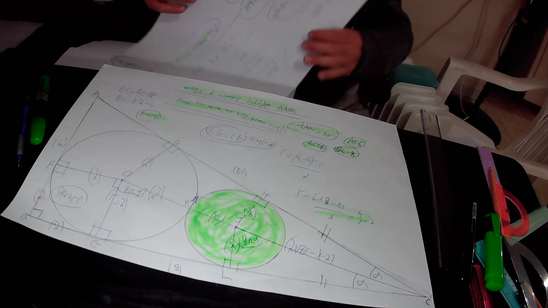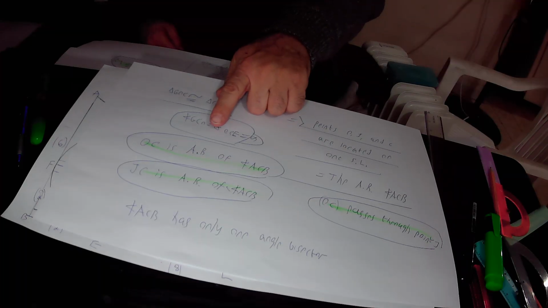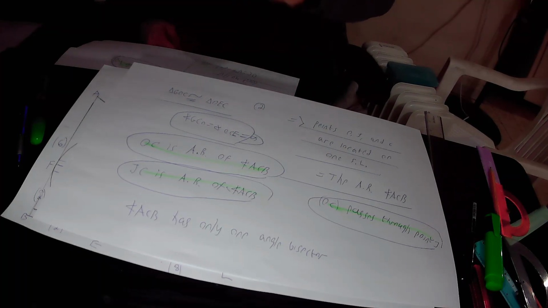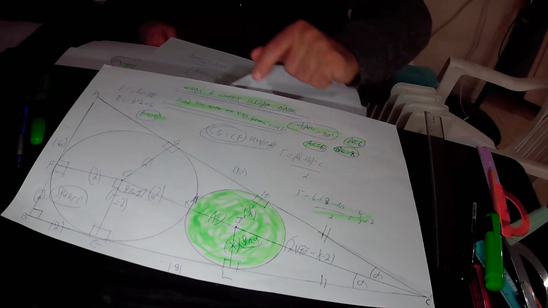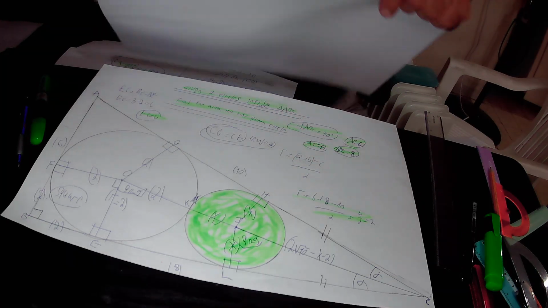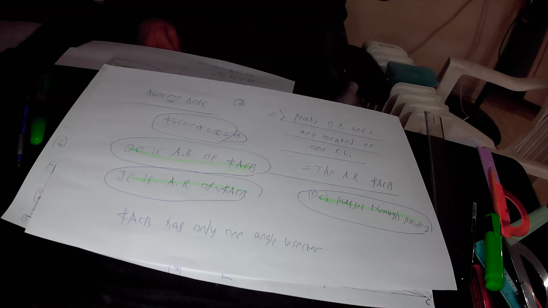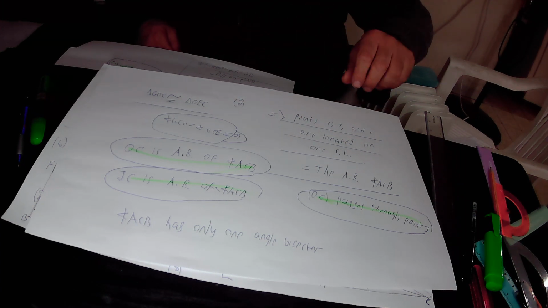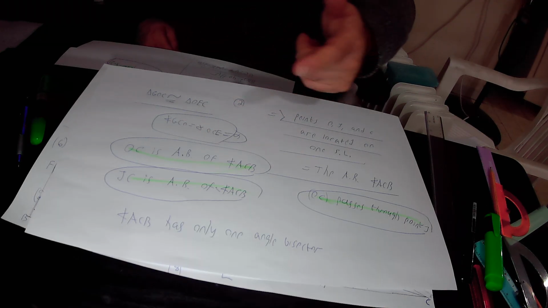Okay, again we found out that OC is the angle bisector of angle ACB, but we also found out that JC is the angle bisector of the big angle ACB. We know that angle ACB has only one angle bisector, and therefore those two angle bisectors are identical.